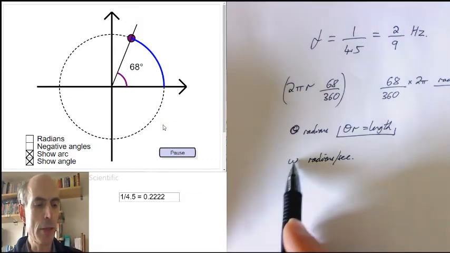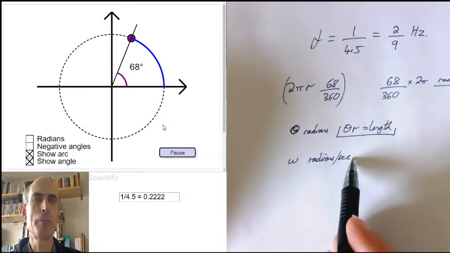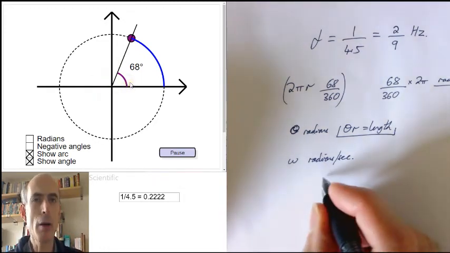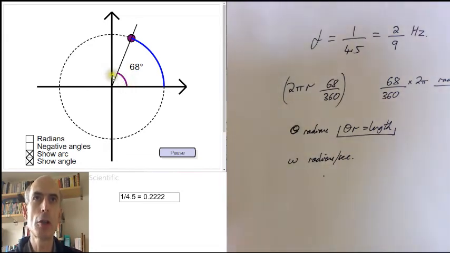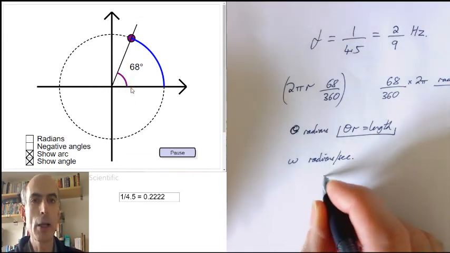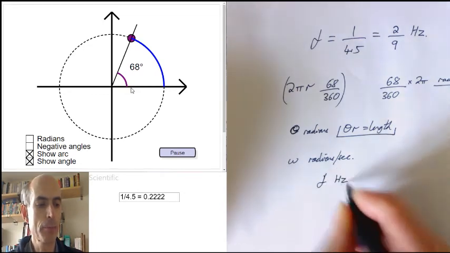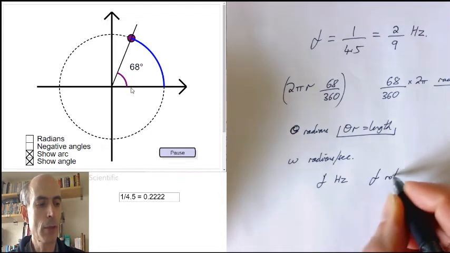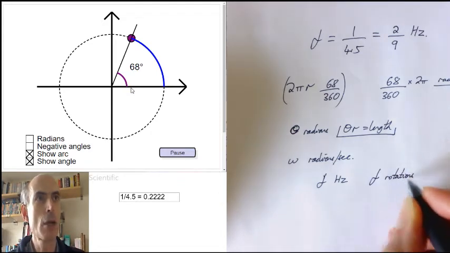Well, frequency is measured in radians per second. It's the number of radians that you go through per second. There are 2 pi radians in one complete rotation. Therefore, if I am going at f hertz, I am going f complete rotations per second.